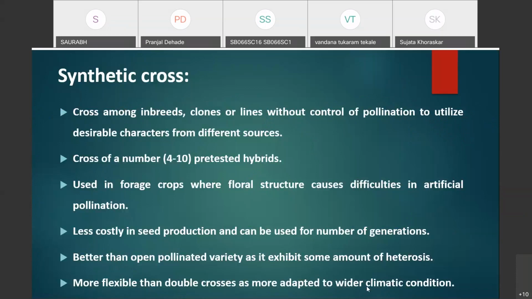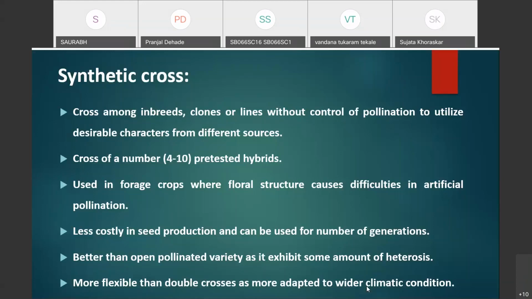It is superior to its parents, then it is said to be heterosis or hybrid vigor. That's why the varieties produced by the synthetic crosses are better than the open pollinated variety, because these varieties exhibit some amount of heterosis or hybrid vigor.